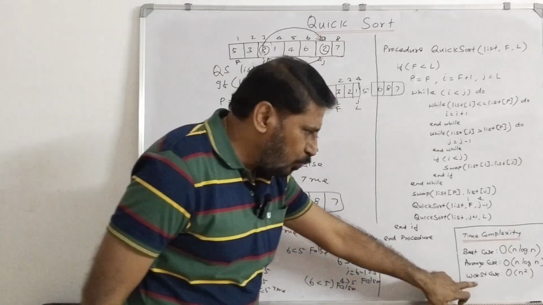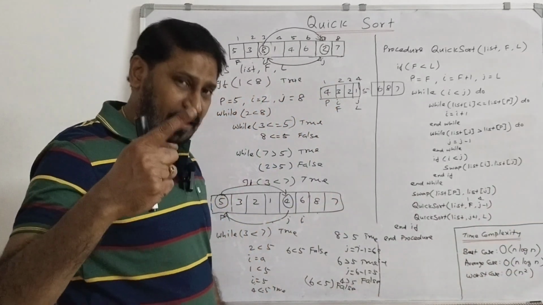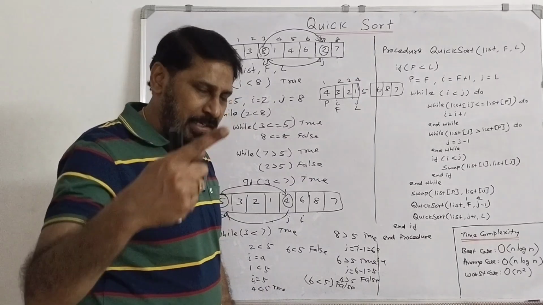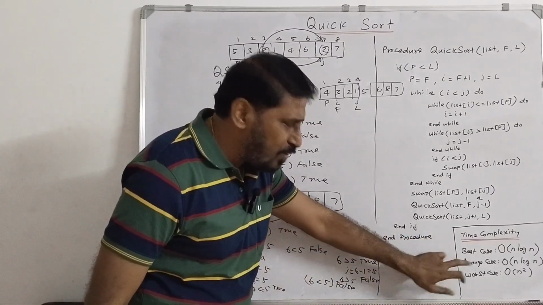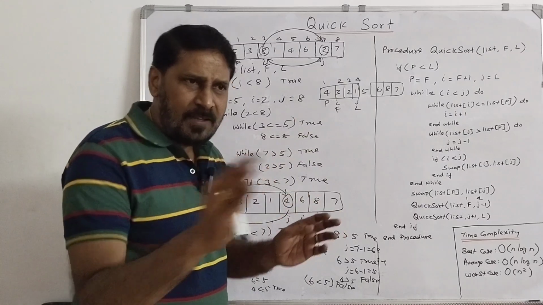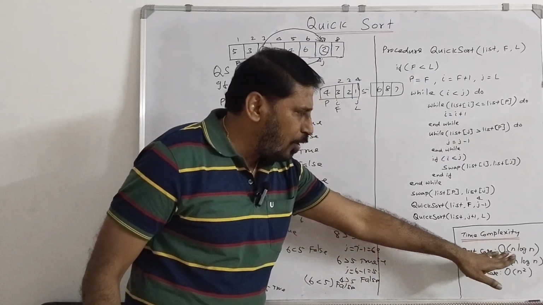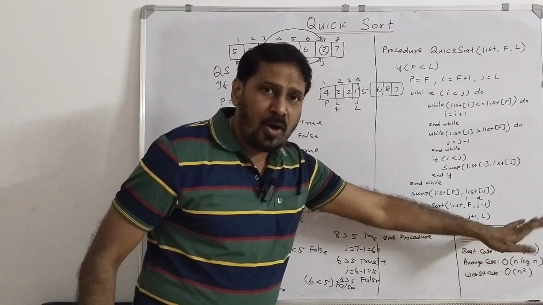So only in the worst case the time complexity is order of n square, big O of n square. Whereas in the best case and average case, if the pivot is at the centermost element or more or less center, the time complexity is order of n log n.